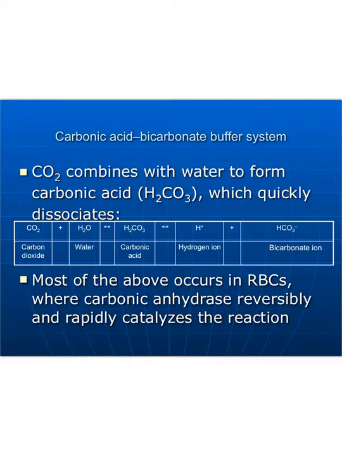Okay, so we mentioned earlier, of course, that an increase in hydrogen would drop the pH. Well, how are we getting this hydrogen? This is a buffer system. It's a very important buffering system of the body. We call it the carbonic acid bicarbonate buffering system. So what we see here is carbon dioxide is going to combine with water, which remember is all over the body.